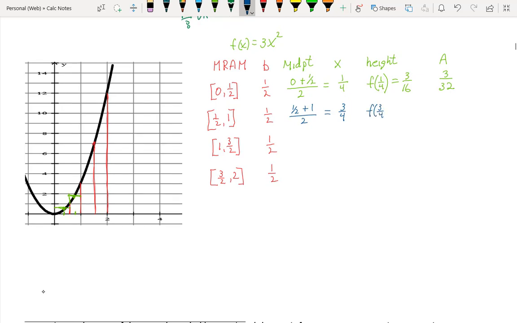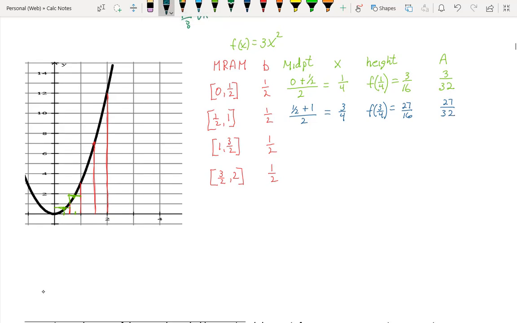What's the y value when x is equal to 3/4? And again, we can plug that in. We get 3/4 times 3/4, which is 9/16, and 9/16 times 3 is 27/16. All right, that's the height. All right, I multiply the height times the base, and we get 27/32. That's your second one.